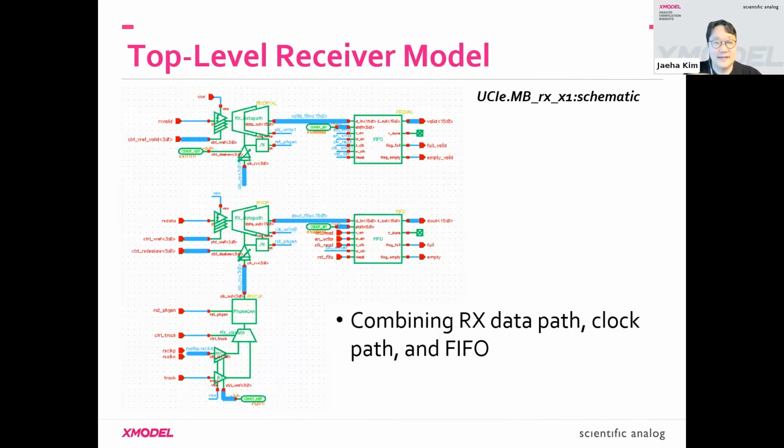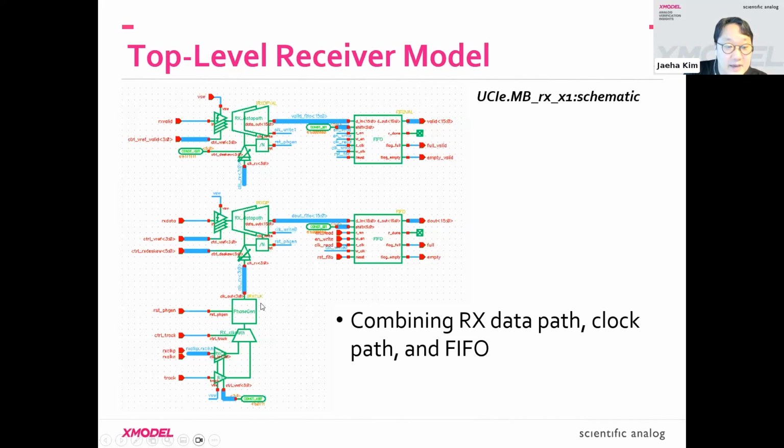Now, the receiver is short. Here's a top-level receiver model. For the clock inputs, for the pair of differential clocks, you have a limiting amplifier that recovers the clock.